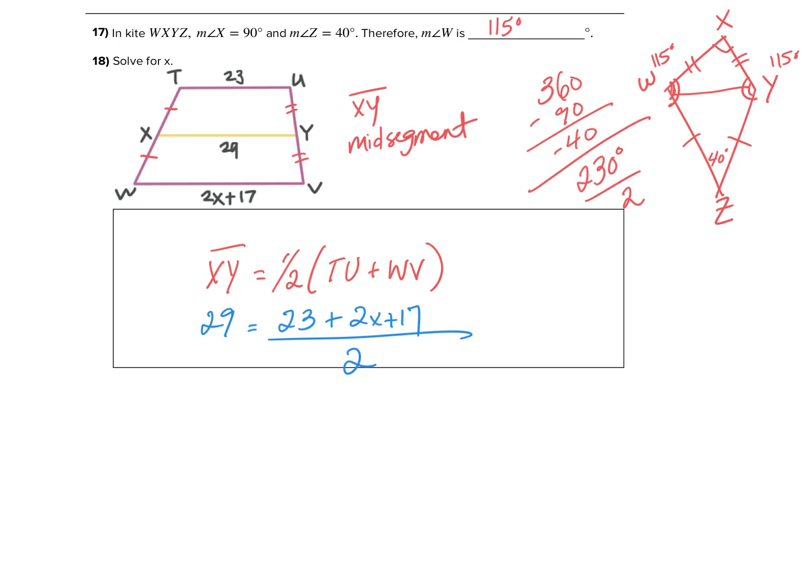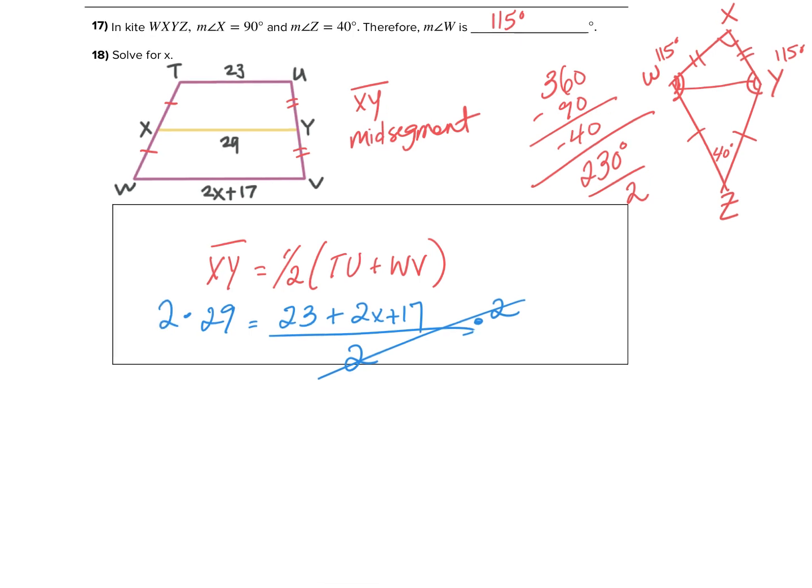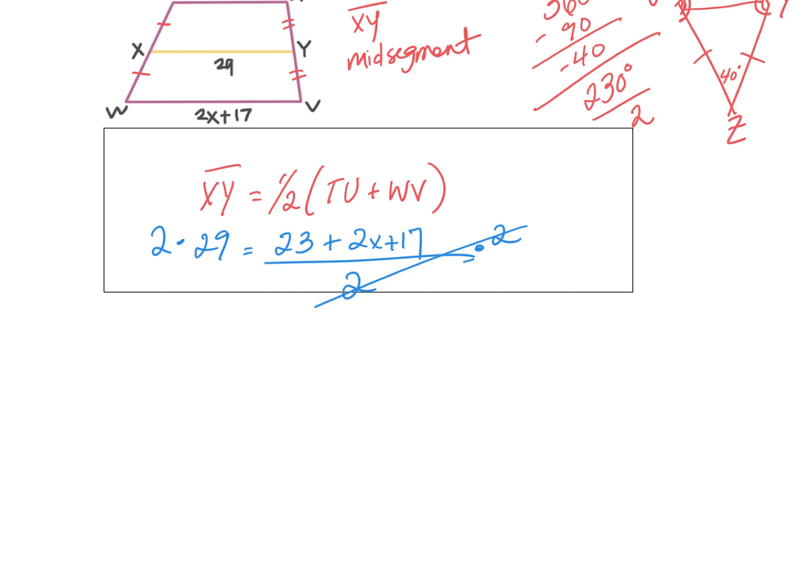Divided by 2 is the same as multiplying by 1/2. Okay, so first thing we want to do always is get rid of the denominator by multiplying by 2. But you've got to remember to multiply both sides by 2. And then from here, life is so much easier, because then we have just a straight algebraic equation to solve and no fraction.